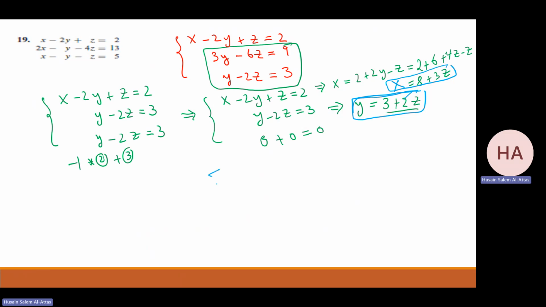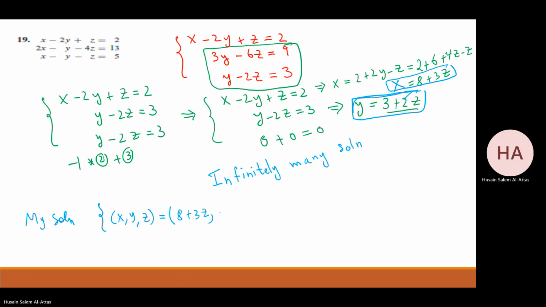So we have exactly infinitely many solutions, where my solution, if I want to write it as x, y, z, I write it as 8 plus 3z, 3 plus 2z, and z, for any z.